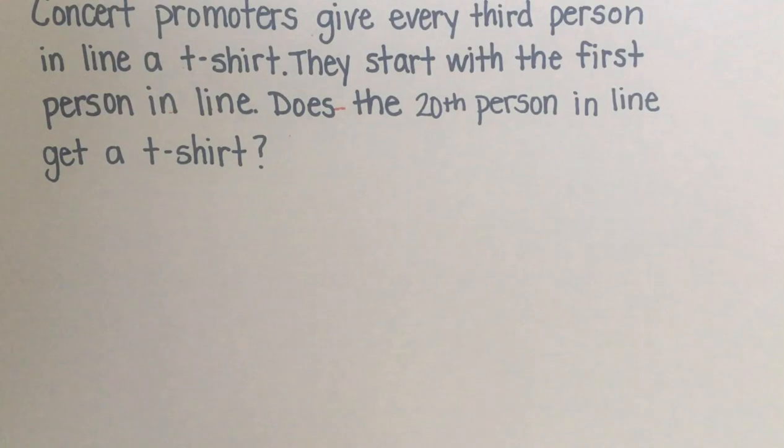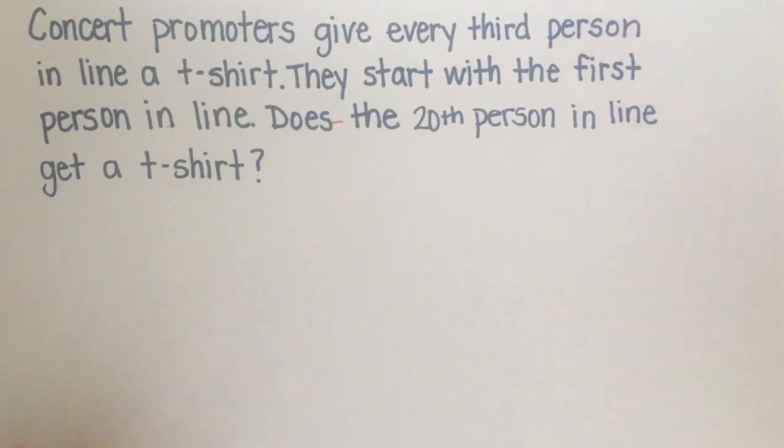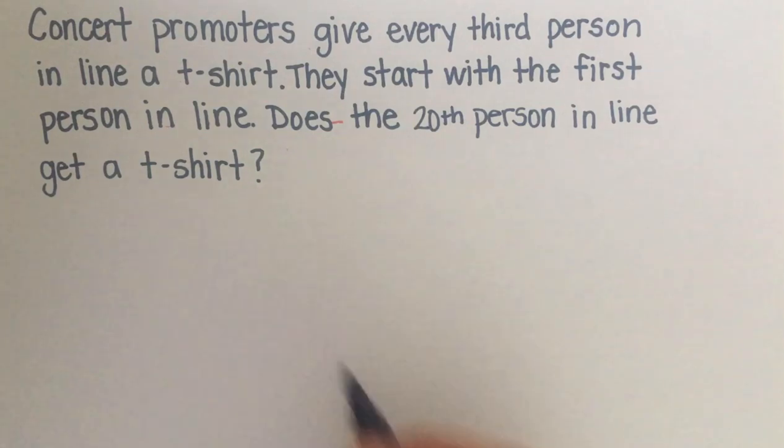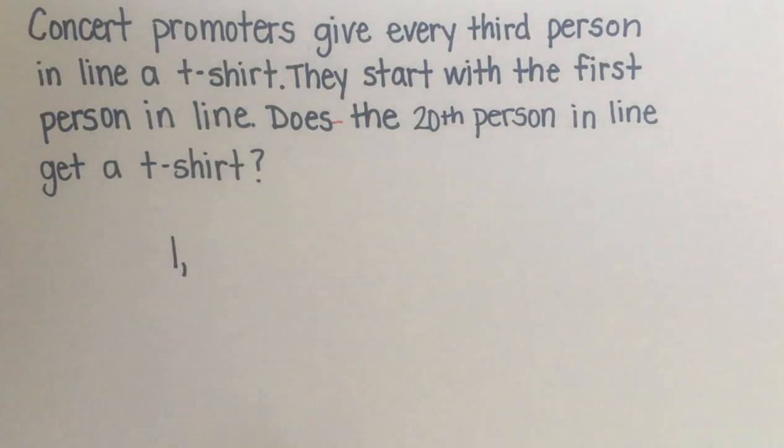The last thing that we're going to do today is apply this to the real world. So here is an example for us. Concert promoters give every third person in line a t-shirt. They start with the first person in line. Does the 20th person in line get a t-shirt? All right, so we're starting with the very first person in line, and every third person in line gets a t-shirt.